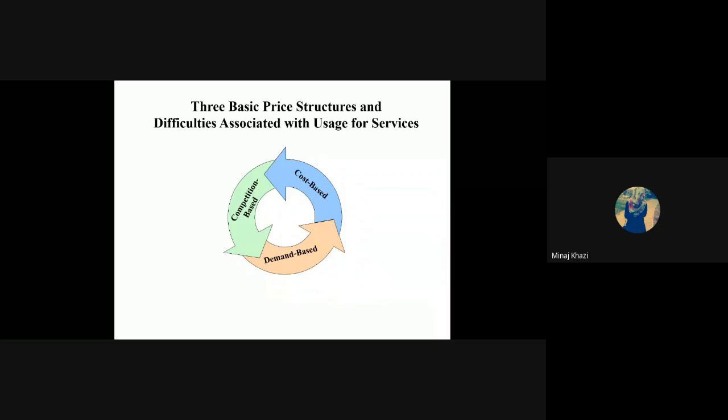Okay, this is what is cost based, the first one. Second one is demand based. So what do you mean by demand based? Before going to demand based, I'll go to competitor based. The second one would be competitor based. What do you mean by competitor based? There are some other companies also providing a similar service to the customers. Those are termed as your competitors.